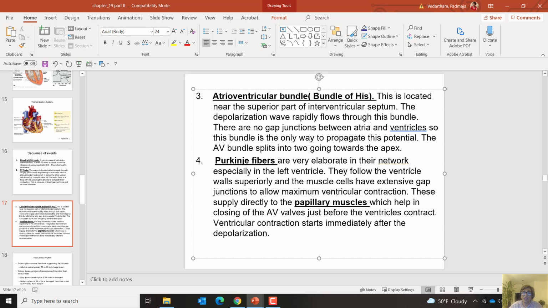So the AV node is the only connection between the SA node and the AV bundle. Then you have Purkinje fibers, which go to the walls superiorly. So they're innervating the whole ventricular wall. And then it innervates the papillary muscles just before the whole wall is innervated.